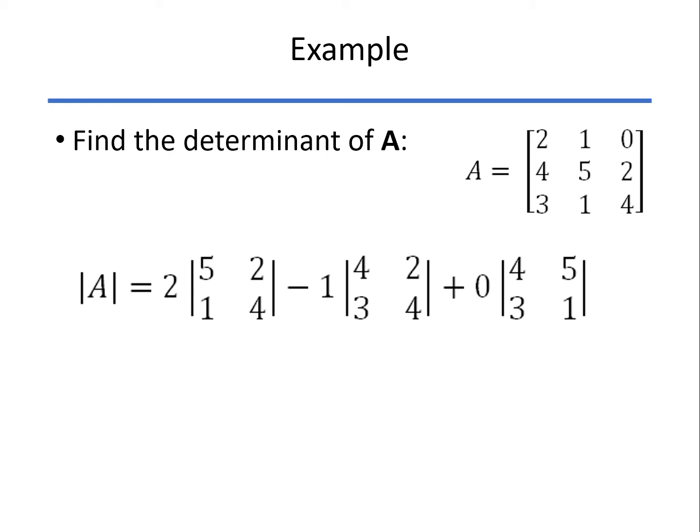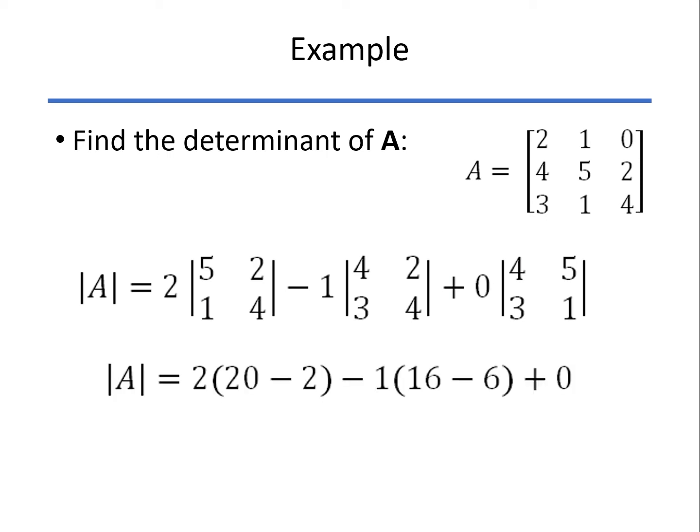And since A13 is 0, that third term will be 0. So in the first case, our determinant of a 2 by 2 is 5 times 4 minus 1 times 2, or 20 minus 2. For the second one, that determinant is 16 minus 6. And so we break that down to the final answer. And again, the determinant is always a scalar, and in this case, the value is 26.